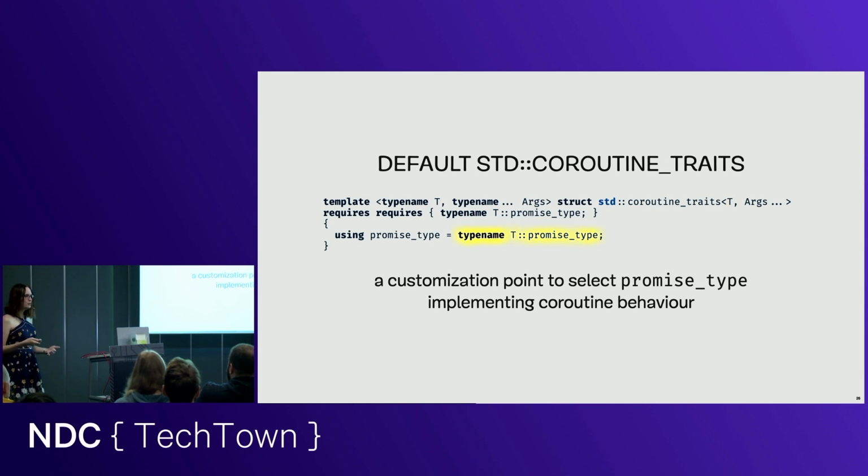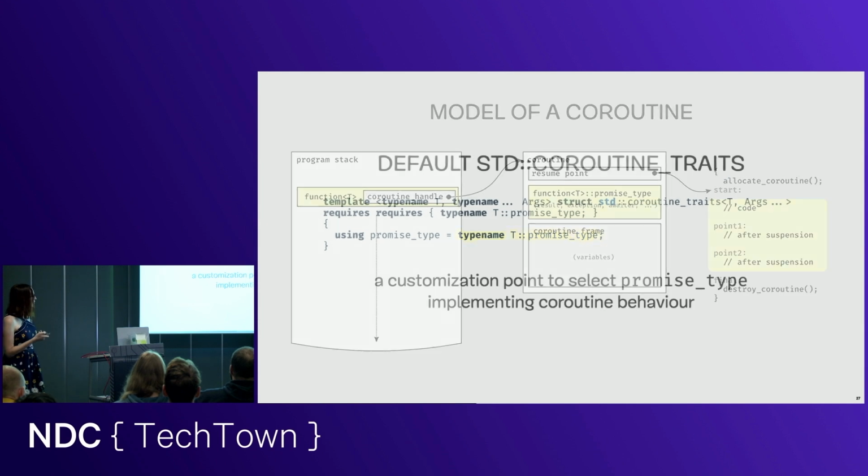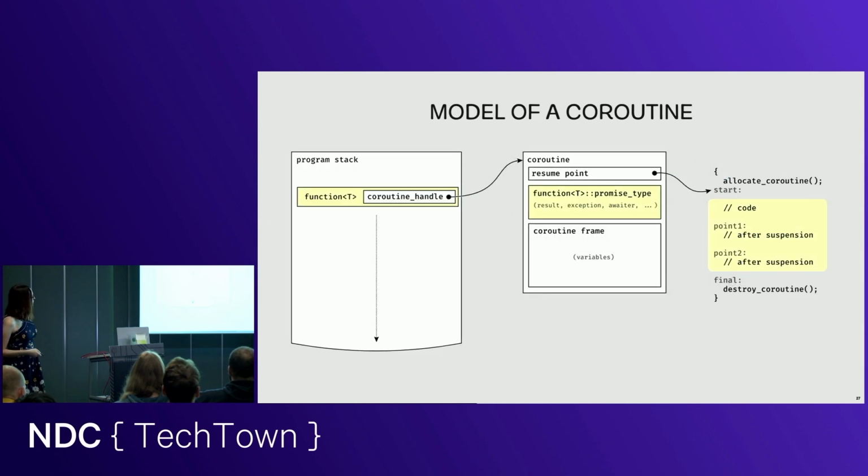So you can actually take a standard promise and provide it in your code to make it a coroutine if you want. Or you can have a different promise type based on the arguments of the template of the coroutine. It's sometimes used to pass an allocator, because you want to have the allocator inside of the promise type, not just in the body of the function.